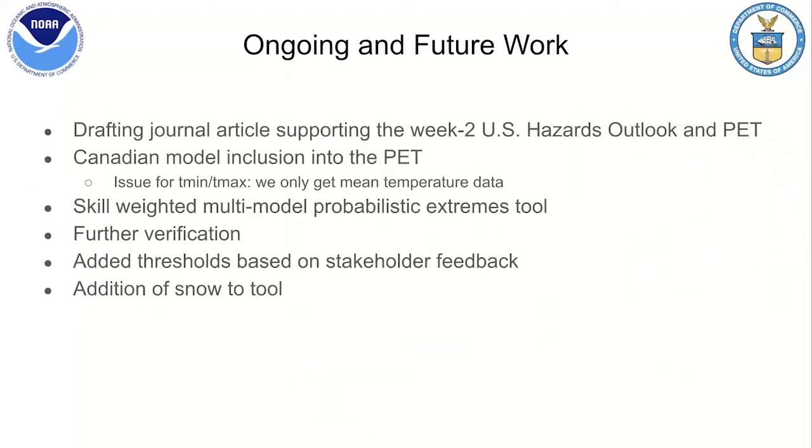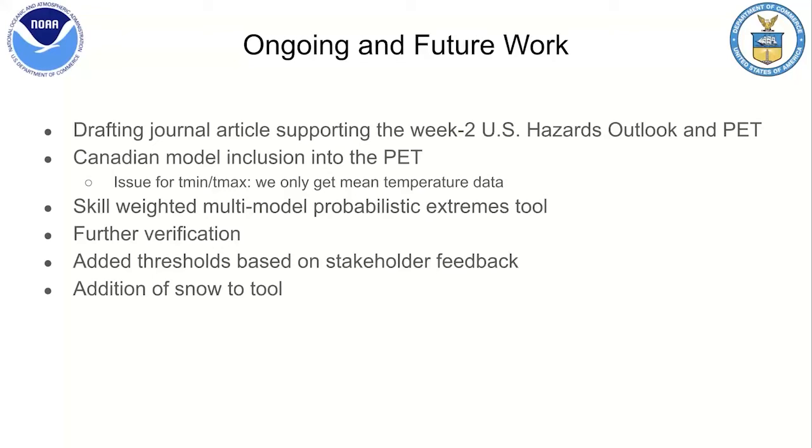Some other ongoing and future work is that we're working to draft a journal article supporting the week 3-4 hazards outlook as well as this tool. We're also working to get a Canadian model version into the PET with one caveat: we don't get max and min temperatures. We only get T means, so that poses a challenge for getting that variable in the tool. We'll also be working on a skill-weighted multi-model tool.